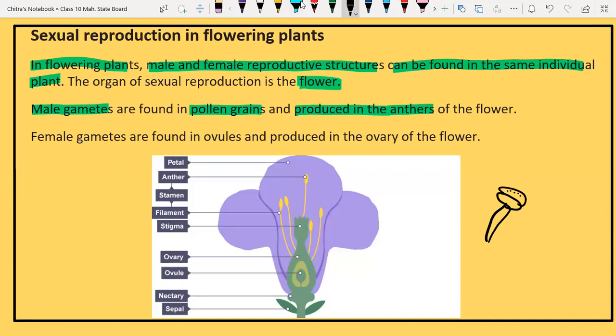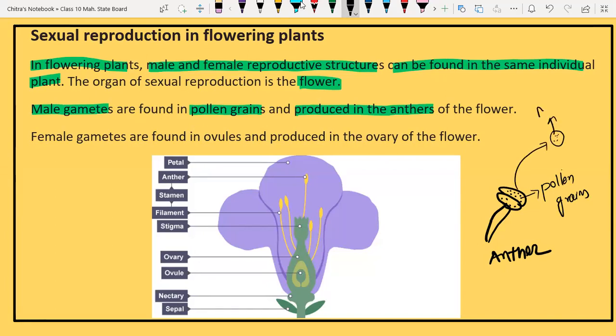Here we have pollen grains. This is the anther, and here we have pollen grains. Pollen grains contain male gametes.